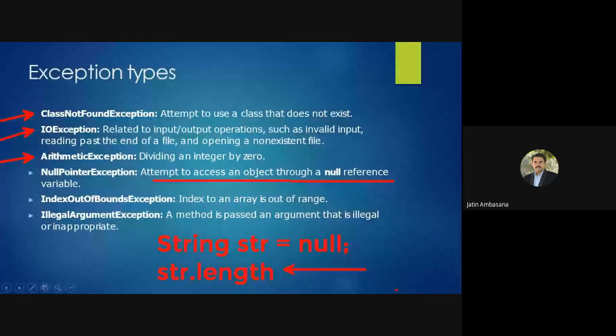Because you're trying to access an object through a reference that points to null. The reference is not pointing to any object yet. Okay. So from that null pointer exception we come to know that the reference is not yet initialized or is not yet pointing to any object, right?